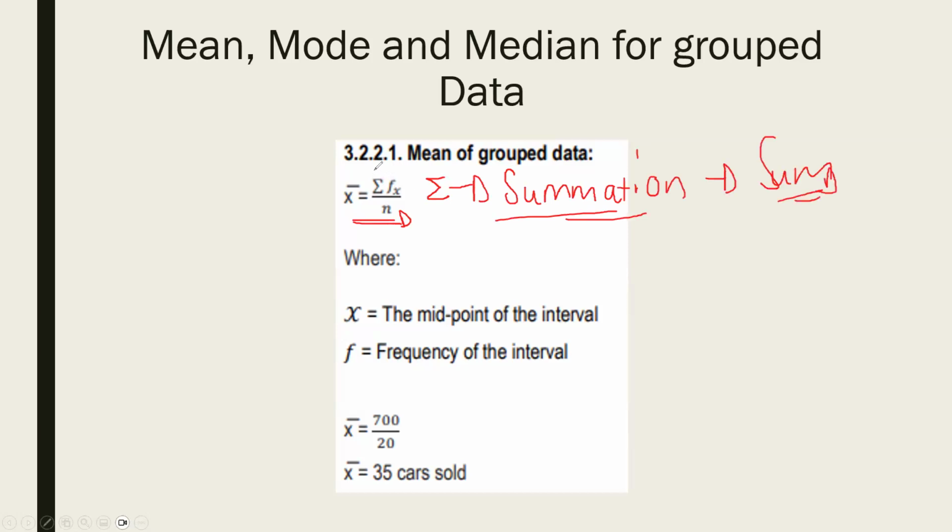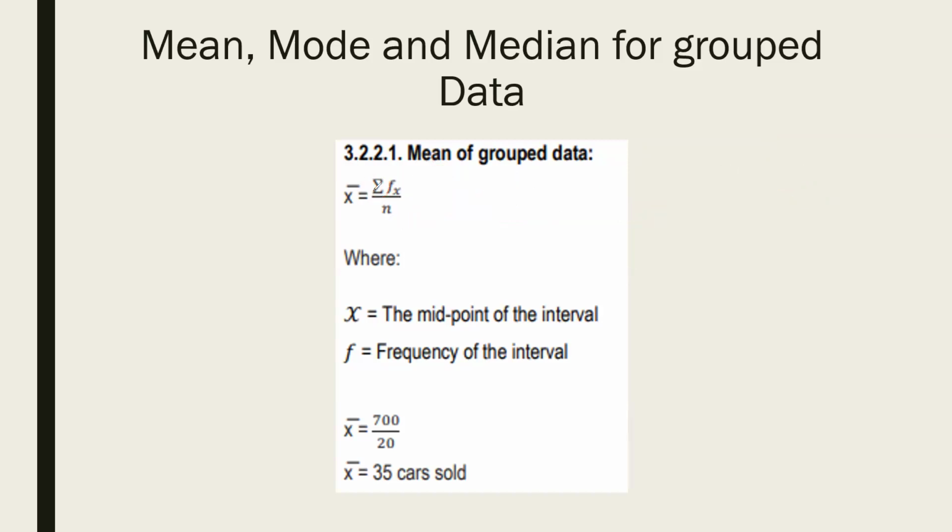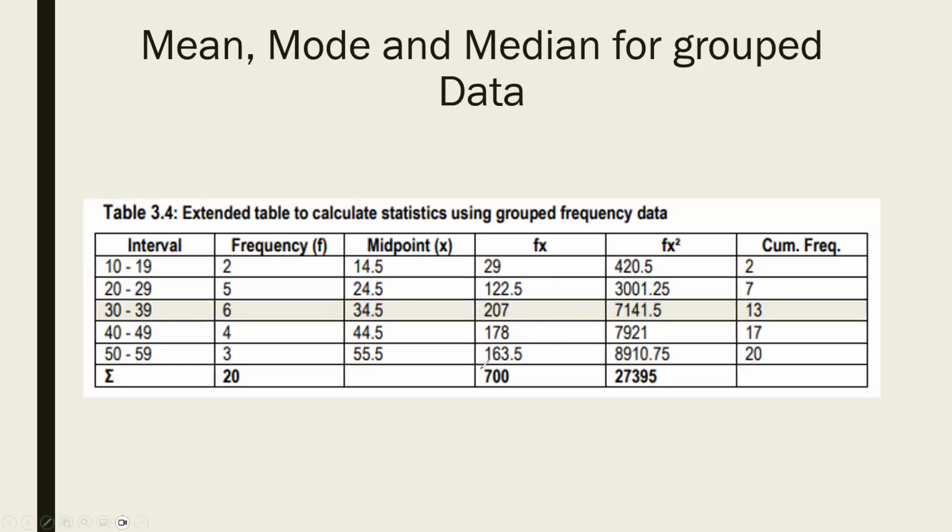Whenever you see this animal here, allow me to call it an animal, they rarely do that, but it is included in your study guide, so you need to know what it is. In this case, you are adding all the values of fx's and then you divide by n. So you add all of this, then you get this total here, right? So summation of fx is equal to 700.